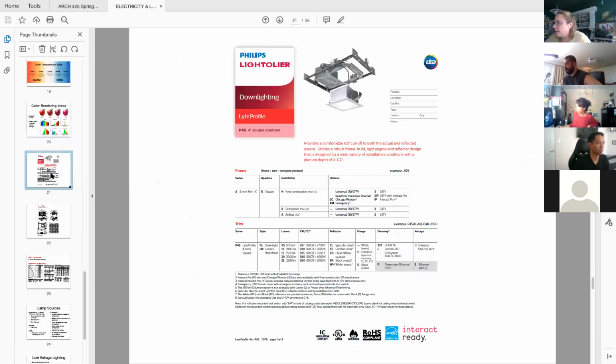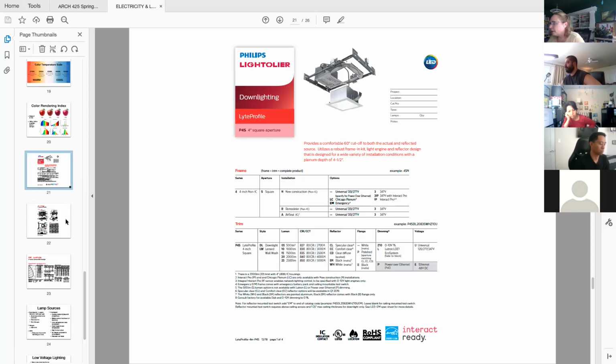So let's look at a light fixture. This is a cut sheet for a light fixture. This is a recessed fixture. It's LED because it's tiny. It's a 4-inch square opening.